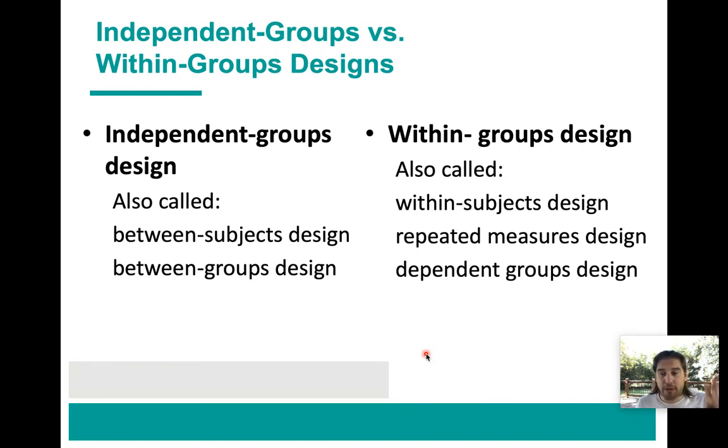So in an independent groups design, we have completely separate groups of people, and each group only gets what we call one level of the independent variable. They get essentially one manipulation of the independent variable. In a within groups design, I take the same group of people and I measure them multiple times repeatedly, and they get multiple levels of the independent variable.